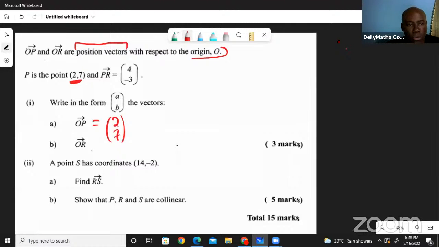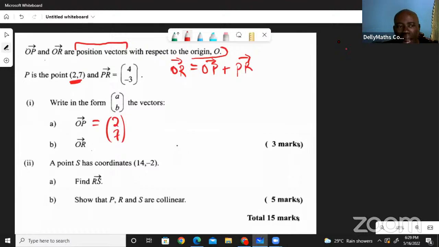To find OR, if you think about this carefully, OR is to move from O to P and then move from P to R. So we're looking at the movements of the vector, and this is how vectors move all the time. Very simple. Move from one place to a common ground, and then leave that common ground to our final destination.